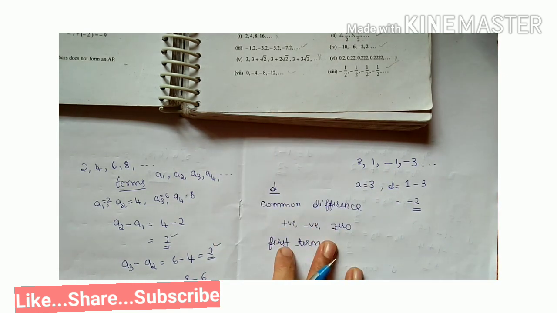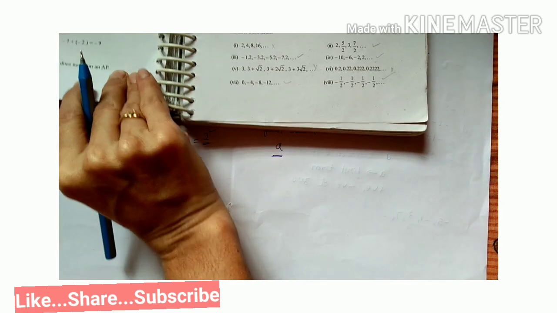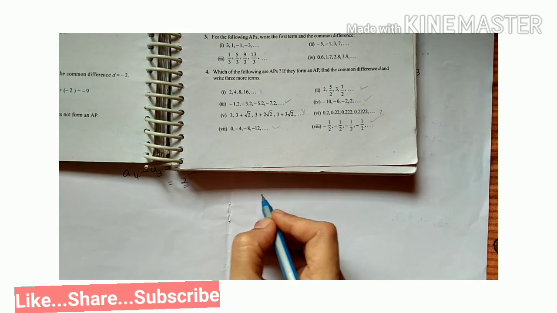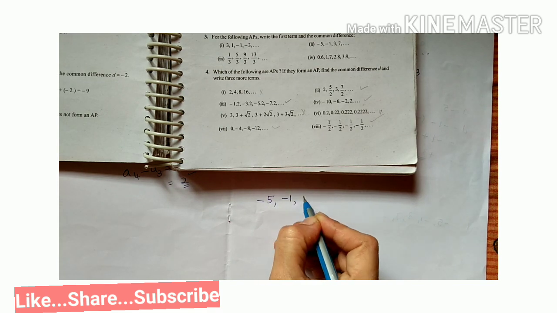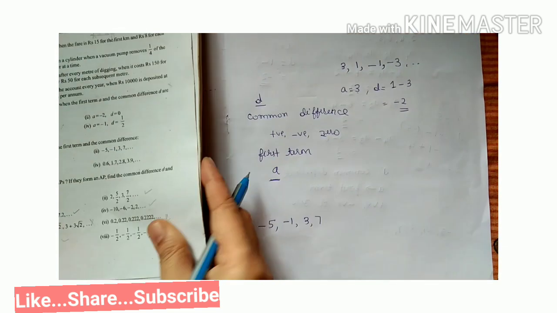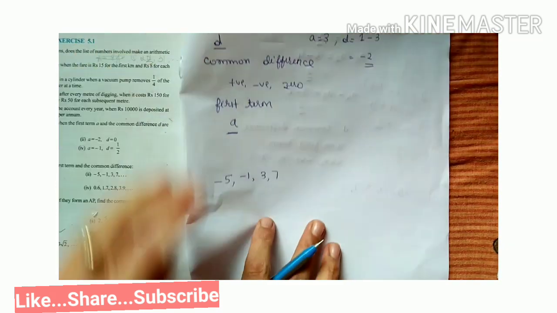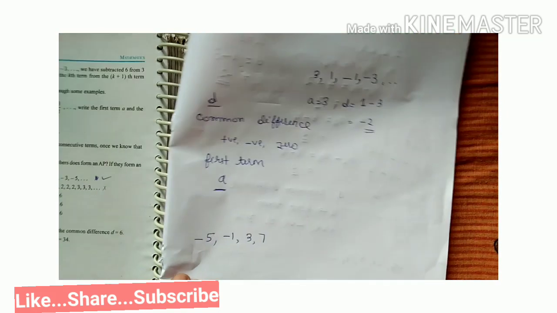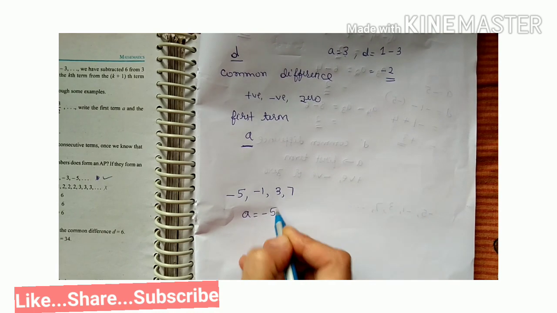Next example. Minus 5, minus 1, 3, 7. Here first term is minus 5.